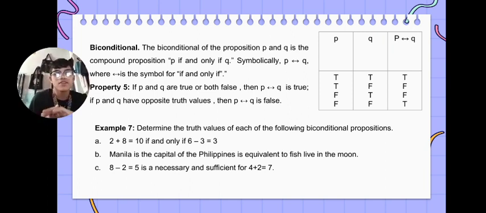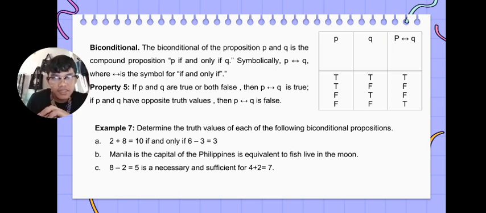Example: 2 plus 8 equals 10 if and only if 6 minus 3 equals 3. Since the statements 2 plus 8 equals 10 and 6 minus 3 equals 3 are both true, the biconditional compound proposition is true.